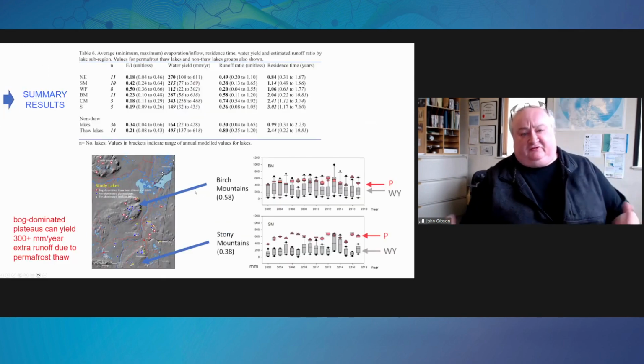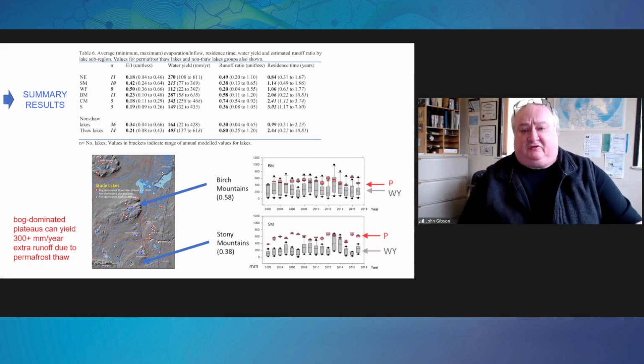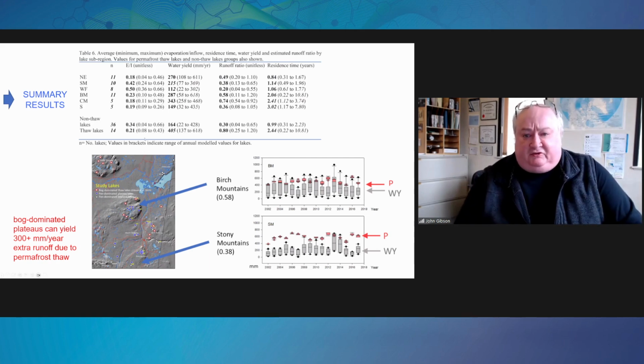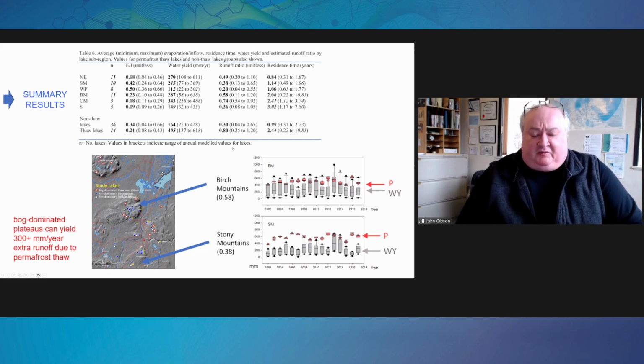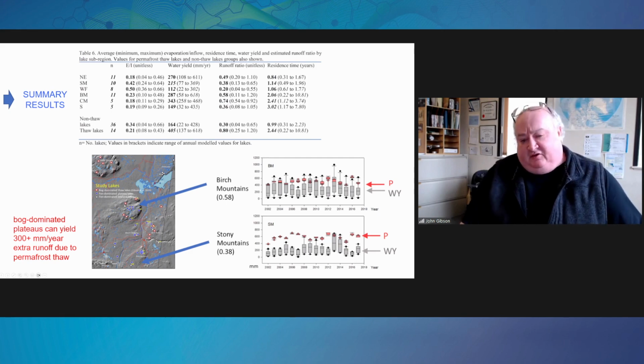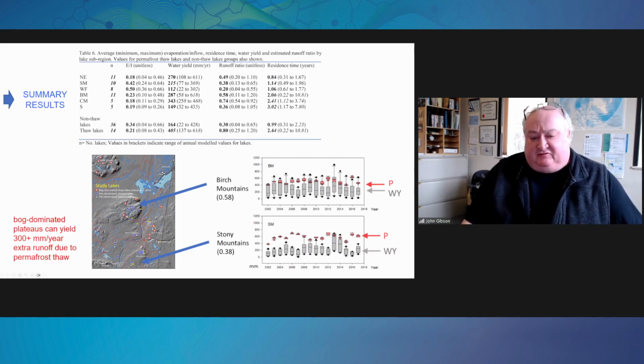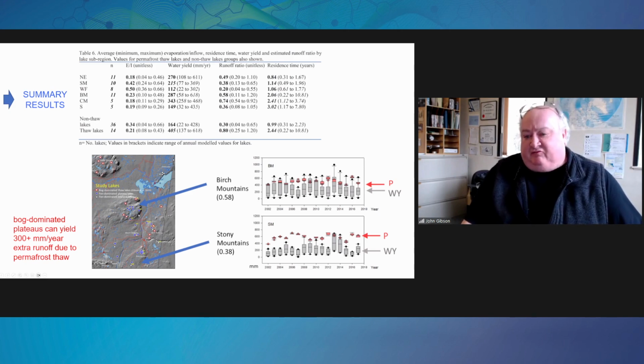So just to show you, here's a summary of the quantitative information that we're able to discern from using this method. And I just show a summary here of some of the basic characteristics. I highlight here at the bottom in this graphic the contrast between two different plateau regions, one in the north, which is mostly permafrost bearing, and one in the south, which is mostly thawed.